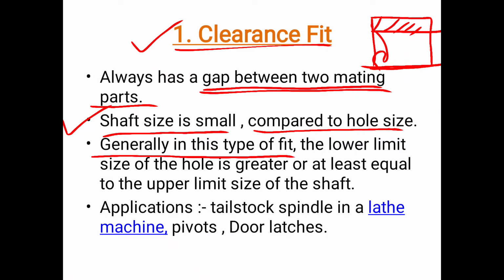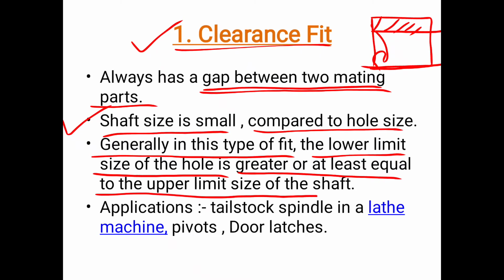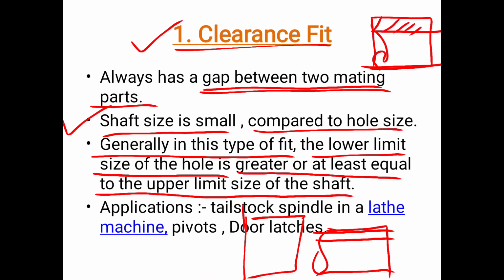Generally in this type of fit, lower limit of hole is greater than or equal to the upper limit of shaft. What happens? See, this is the shaft, it is having this lower limit and this is the higher limit. Then the hole, the minimum limit of hole will be higher than the maximum limit of shaft.